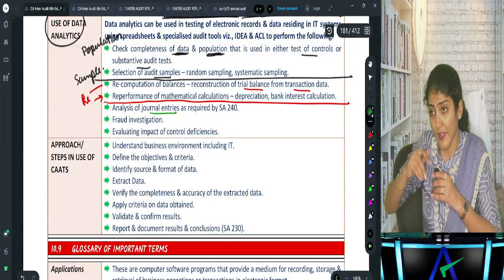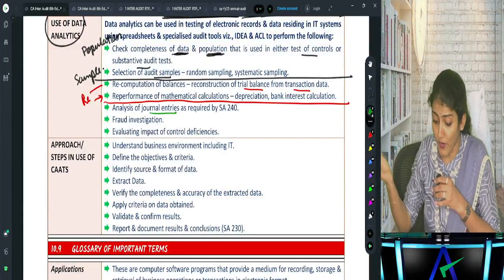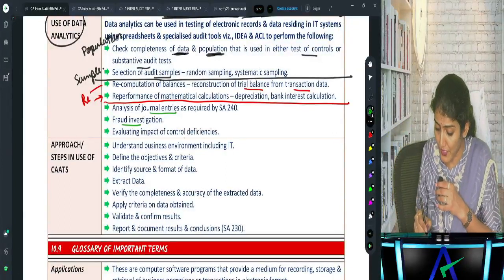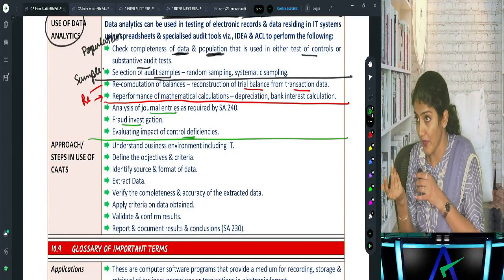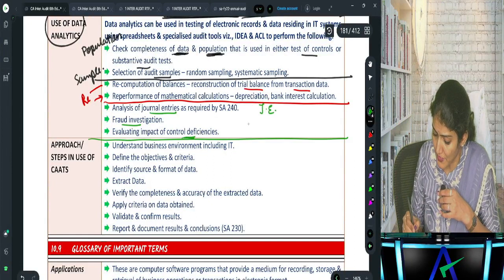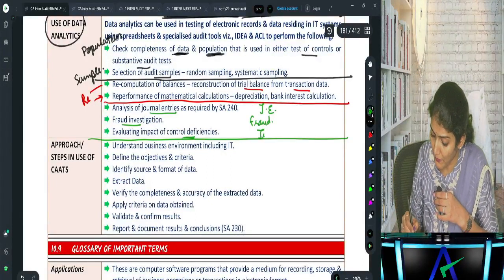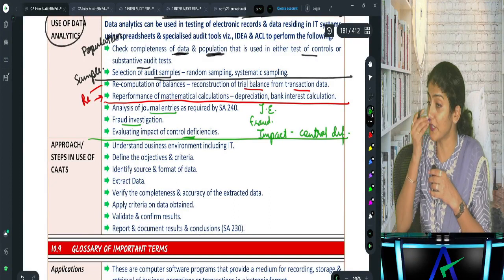That could be a fictitious, bogus journal entry, which could be a fraud, and obviously you need to check the control deficiencies. How are these types of frauds happening? So the next 3 points are JE, journal entry. For that you need to do the fraud investigation and also see the impact of the control deficiencies.